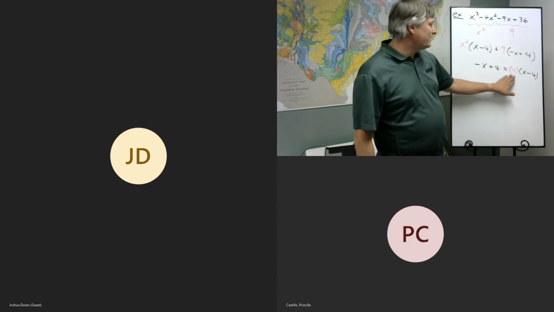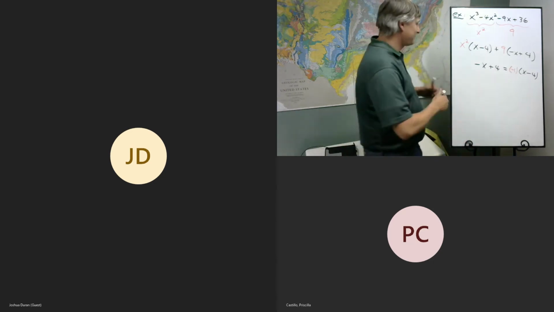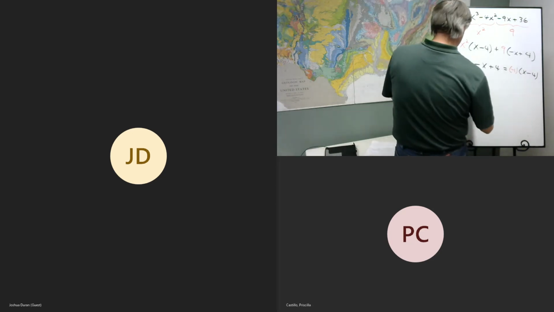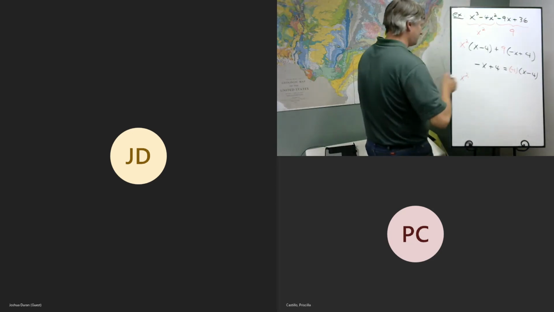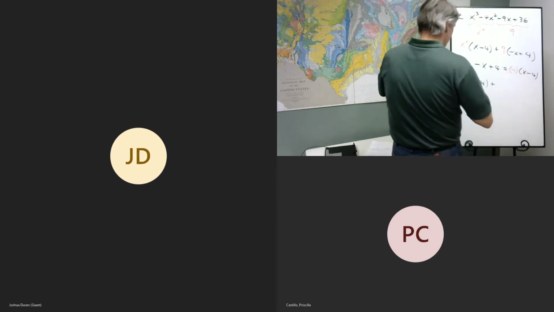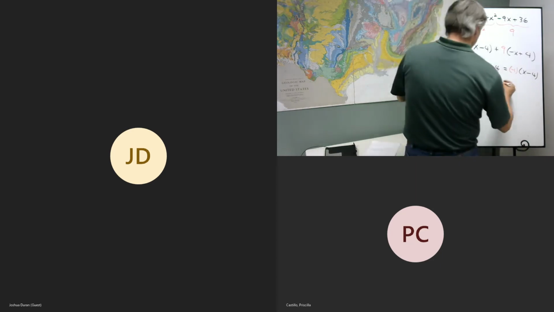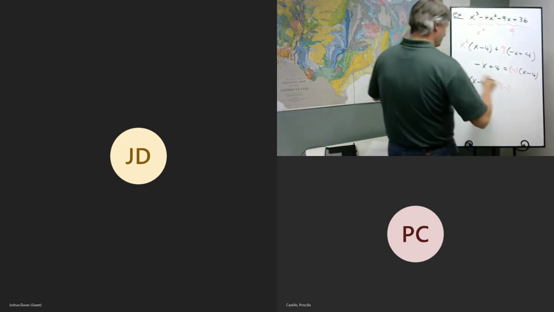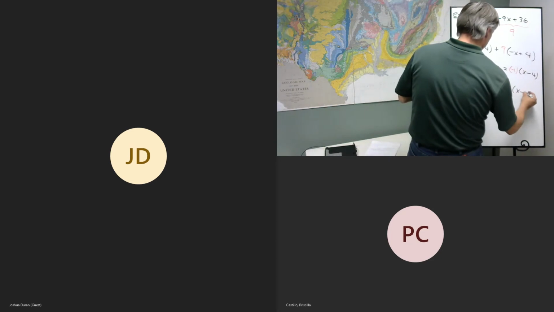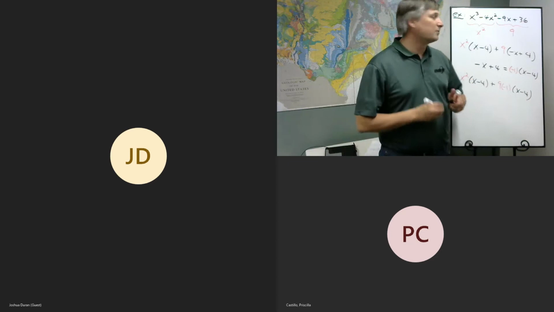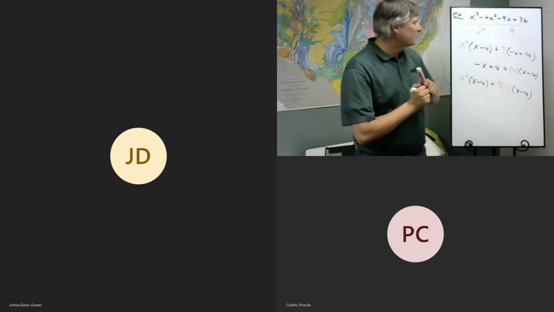So if we factor out an additional negative 1, the x minus 4 and the x minus 4 are the same.